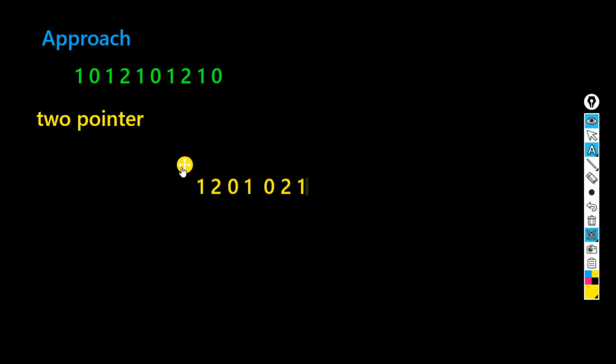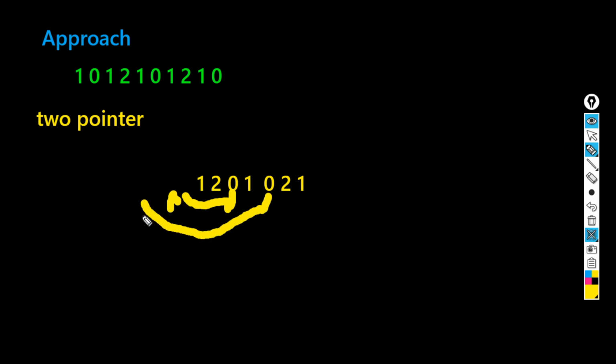We take this array and try to remove all the zeros and place them at the starting. Then the first thing will be fulfilled, that all the zeros will be at the starting. The second thing we are trying to do is place all the twos at the end.